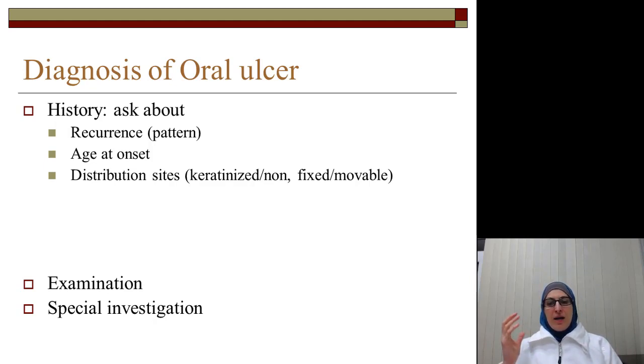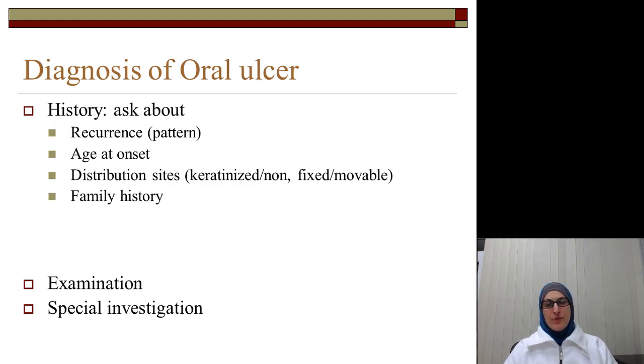For example, intraoral herpes usually prefers the hard palate and the gingiva. So attached keratinized mucosa is a favorable site for a viral infection. Knowing or asking the patient about the distribution or the sites where the ulcers occur would help you make a diagnosis.